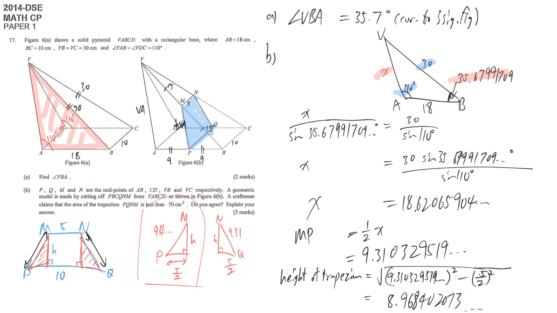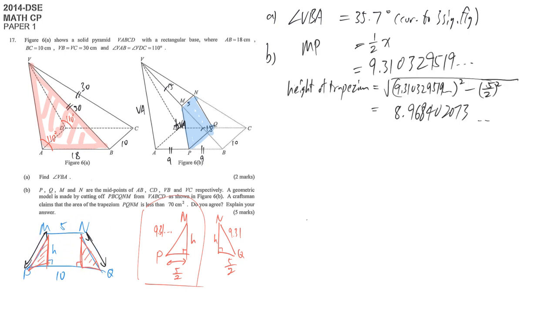So we have finished the most difficult task already. It's time to calculate the area of this trapezium. And don't forget to tell the examiner you know that MN is equal to half of PQ. So MN is equal to 1 over 2 times PQ, which means it's equal to 5. Therefore, we can continue to get the area of the trapezium is equal to 1 over 2 times the upper base, which is 5, plus the lower base 10, and then times height.